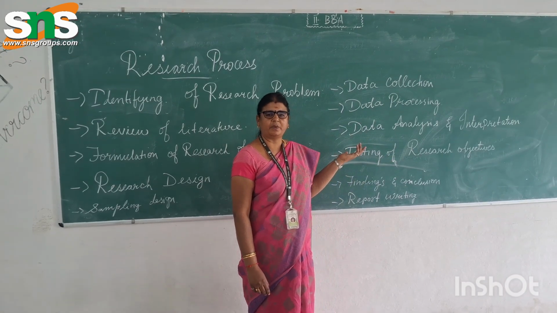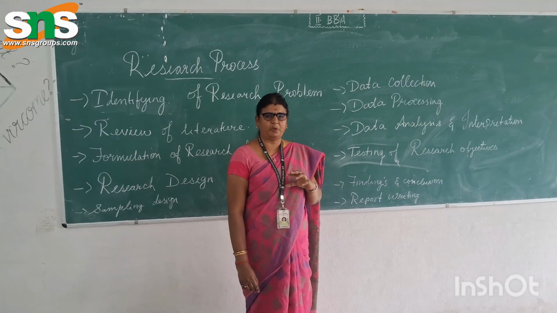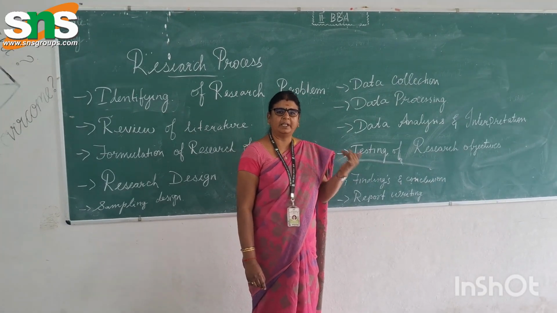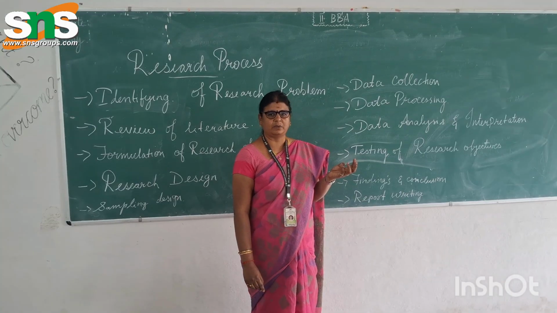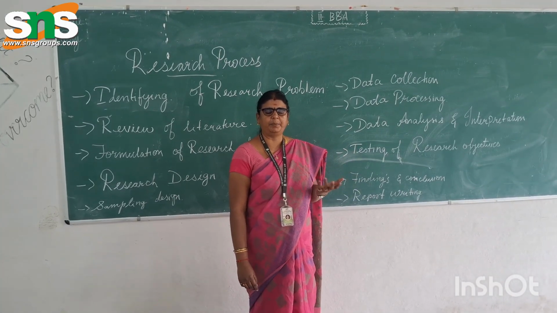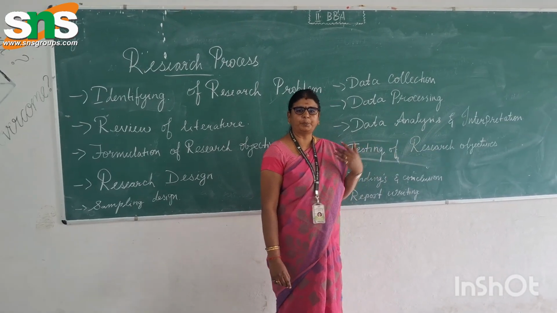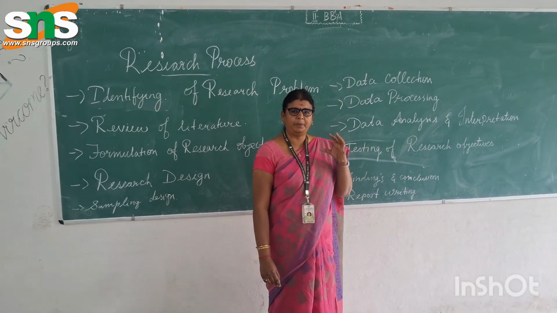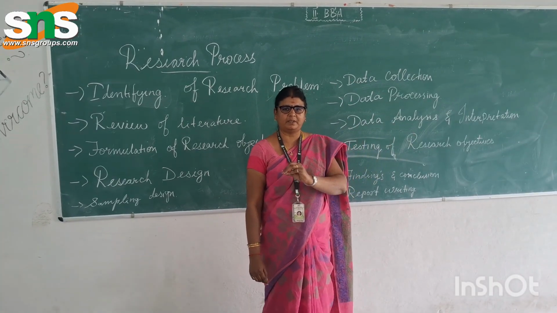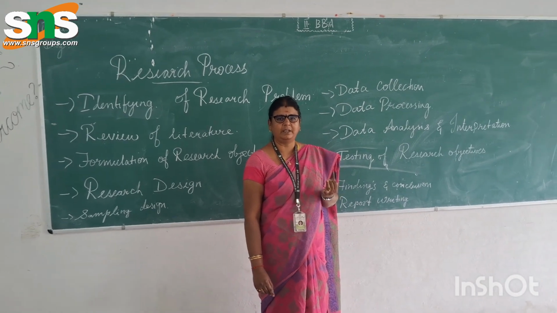After data processing, we have to analyze: how many respondents we are taking, and how many people gave highly satisfied ratings using the Likert scale, how many people are satisfied and how many are dissatisfied. Then interpretation means we have to state that this many people are satisfied and this many are dissatisfied. So we use the Likert scale, a 5-point Likert scale or a 2-point one.